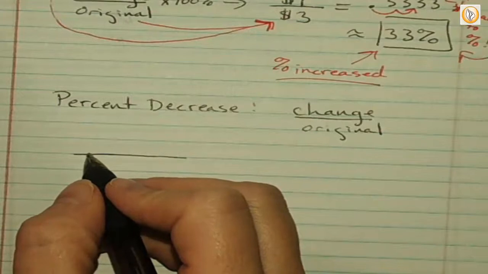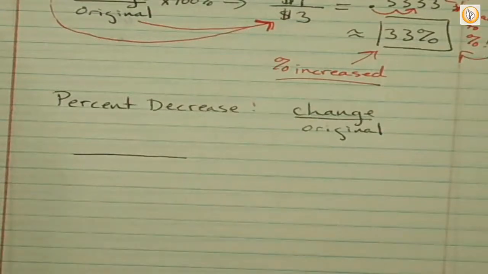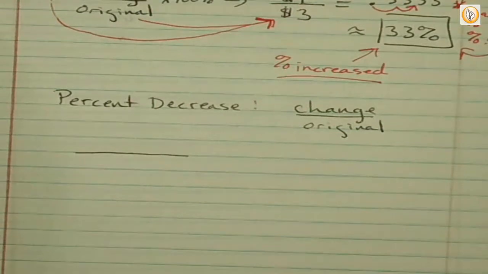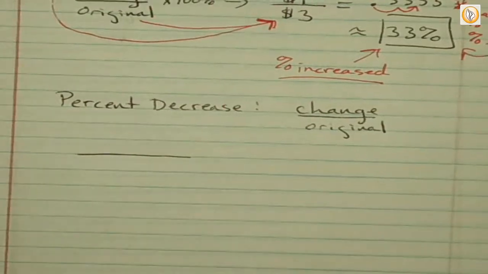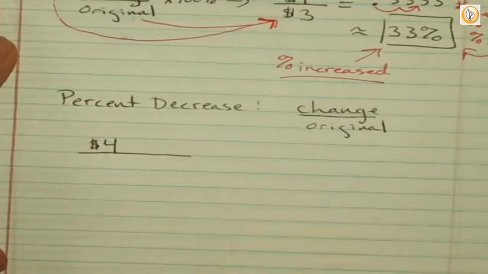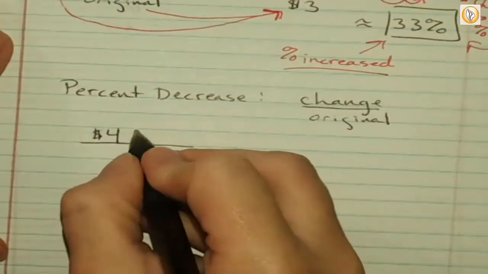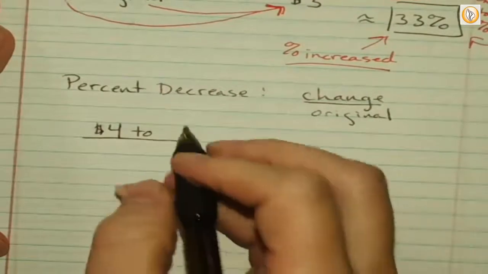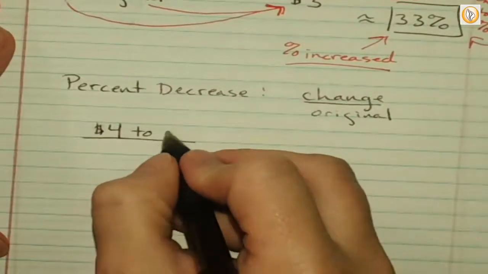It wasn't working out for him, so he went back down to another price, right? What did he start off with? I'm talking about when he decreased. When he went down, what did he start with? Yes, $4. So he was at $4. It wasn't working well for him. He went from $4 to what, Valeria? $3.